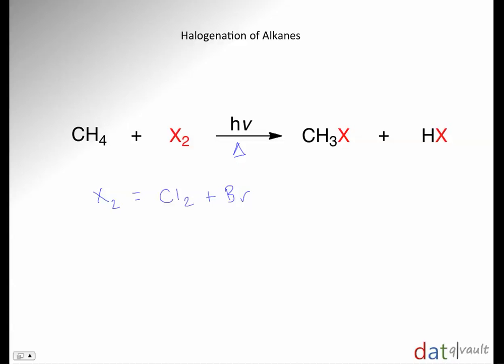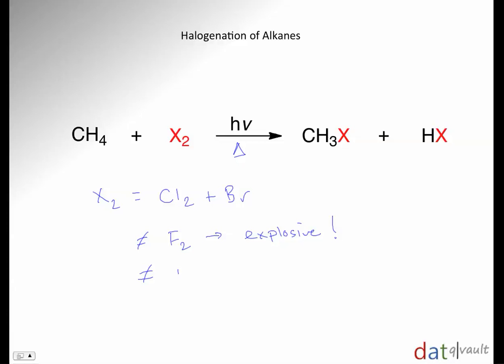We usually don't see this reaction very often with fluorine, and that's because it's a highly exothermic reaction and is actually explosive. So it can be done, but it's really dangerous to do, and you usually don't see it.